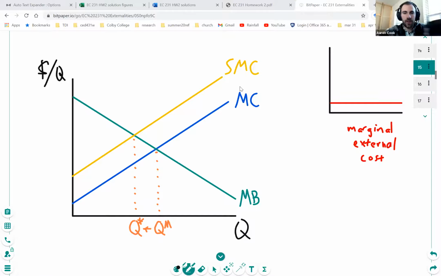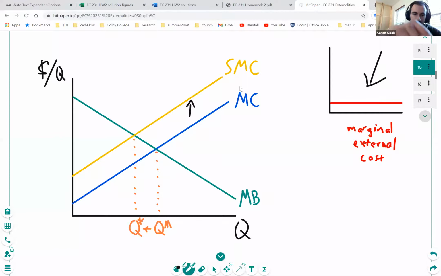This graph here shows, up here on the upper left-hand corner, the graph of marginal external costs, which, like I said before, we add on top of the private marginal costs to get the social marginal costs, right?